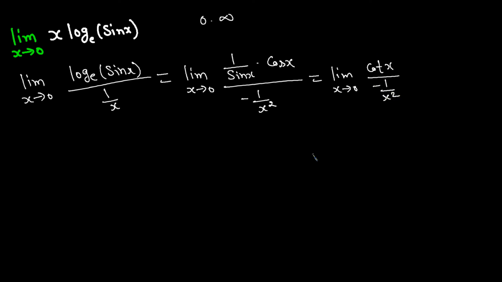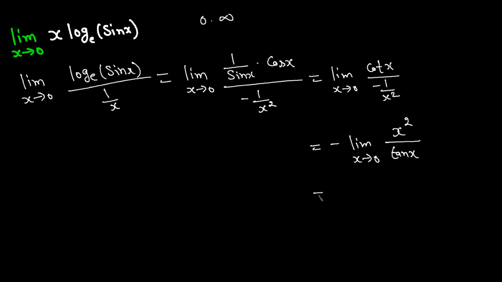I'm going to rewrite this, take the negative out, limit x approaches 0. I'm going to take this to the numerator. So we got x squared, and cotangent x in the numerator can be written as tangent x in the denominator.